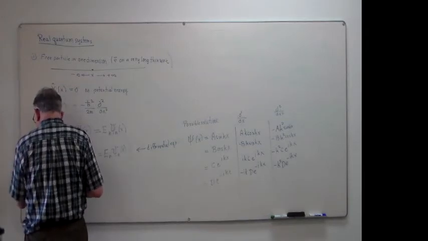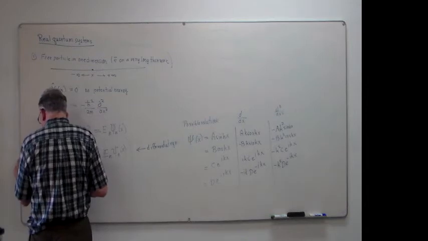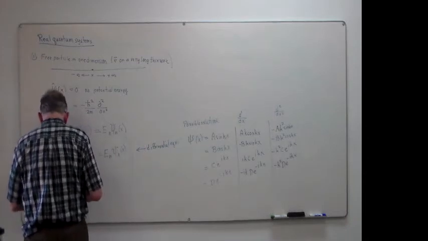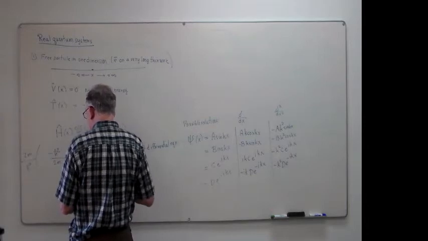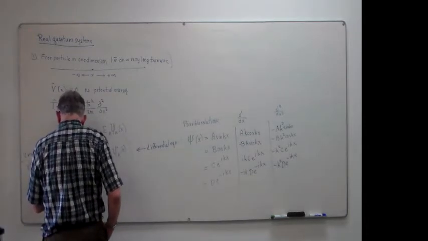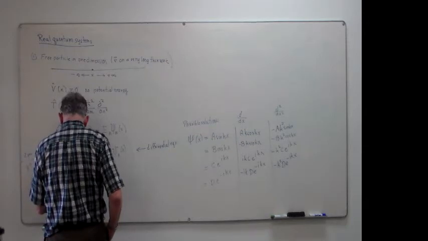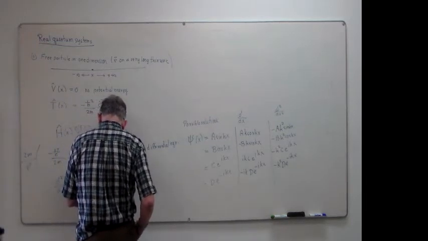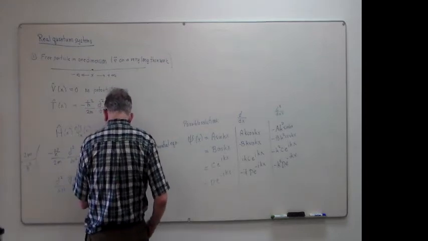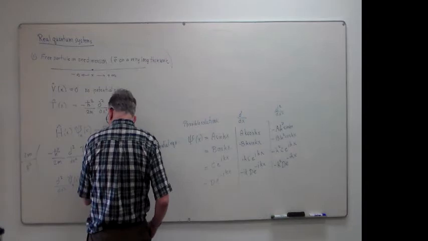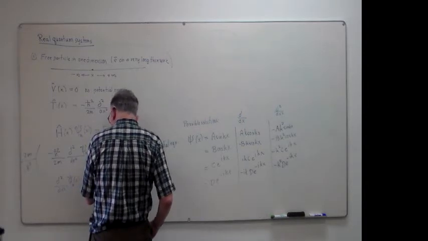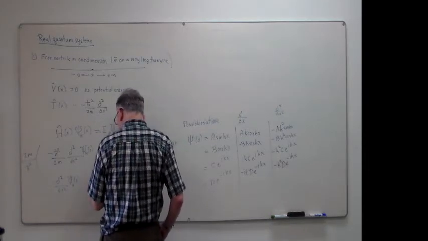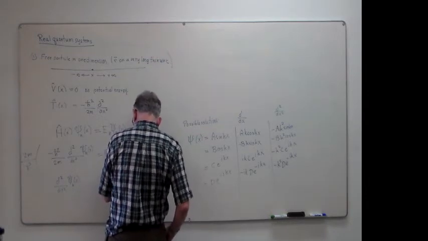We'll put the minus sign like this, and I get d squared over dx squared psi n of x equals minus 2m En over h bar squared psi n of x.